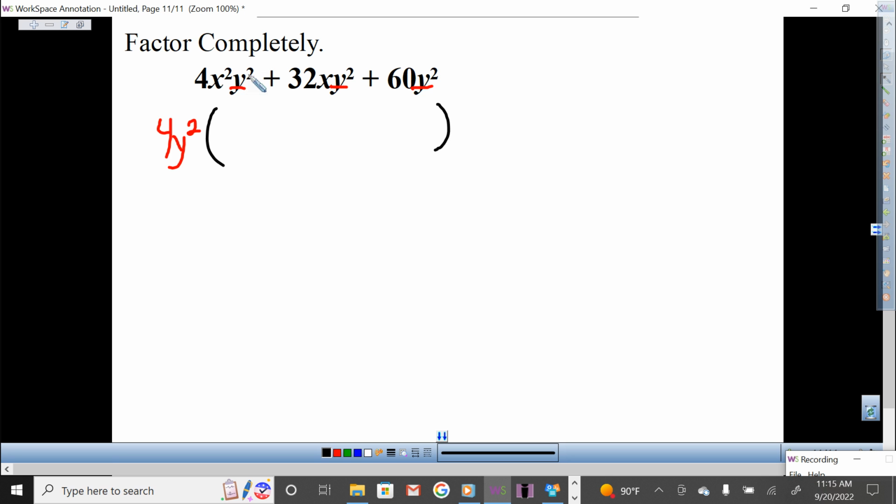We took out the y squared on all 3 of them, so we don't worry about that. Let's go with the numbers. What is 4 divided by 4? 1 what? X squared. What is 32 divided by 4? 8, bring down the x. Plus, what is 60 divided by 4?